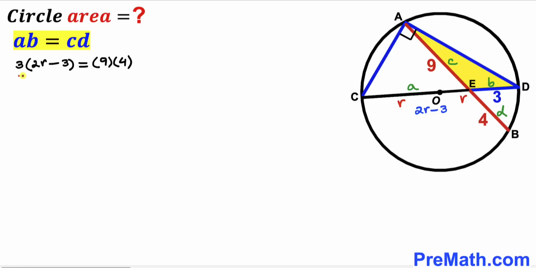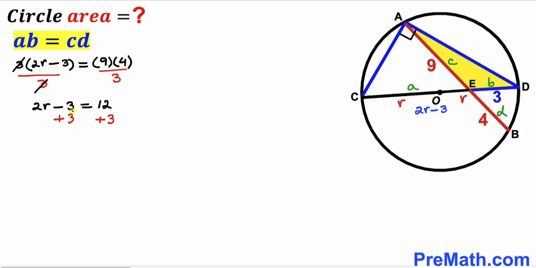Now I am going to divide both sides by 3. Here we can see 3 and 3 are gone. So the left-hand side becomes 2r minus 3, equal to, if we reduce and multiply the right-hand side, 12. Now I am going to add 3 on both sides.